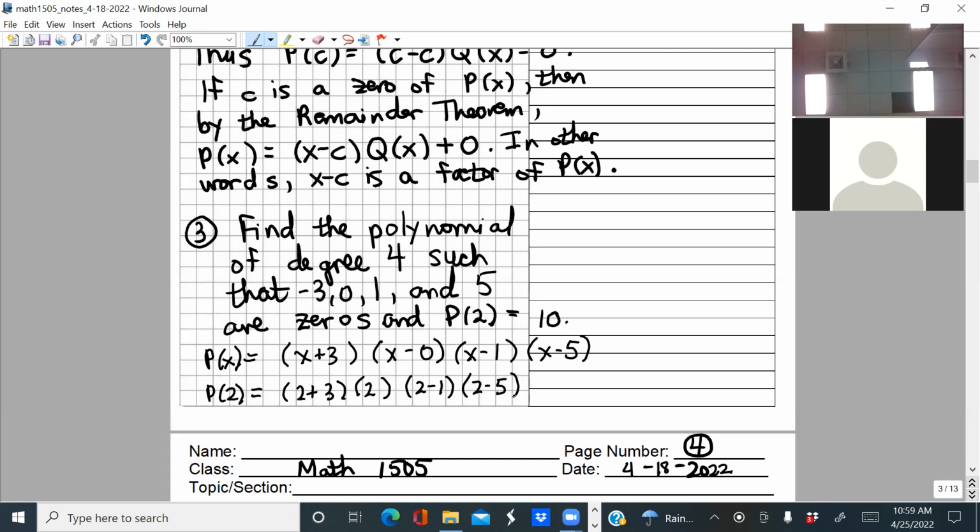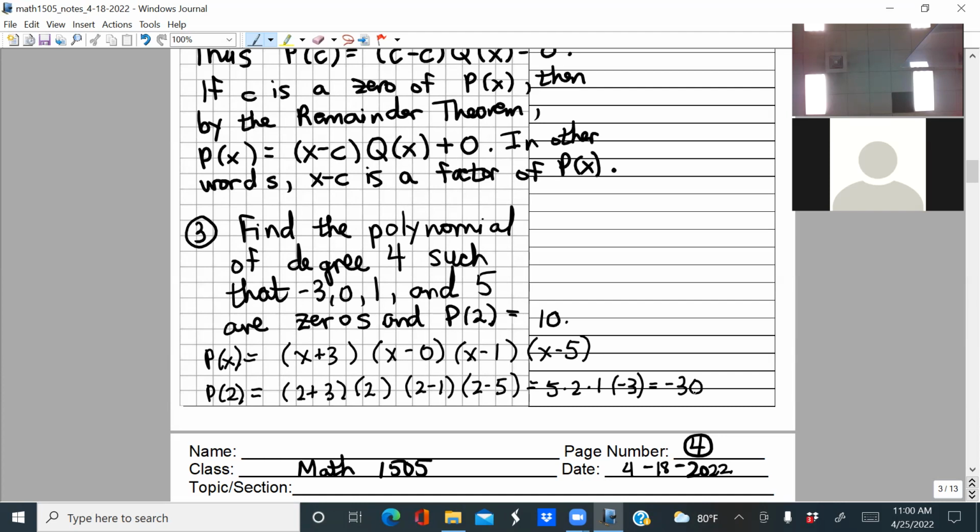So what is that product? That's 5 times 2 times 1 times minus 3. Is that 10? Oh, darn it, no. That's minus 30, isn't it? So something is off, because we want P of 2 to be 10, not minus 30.